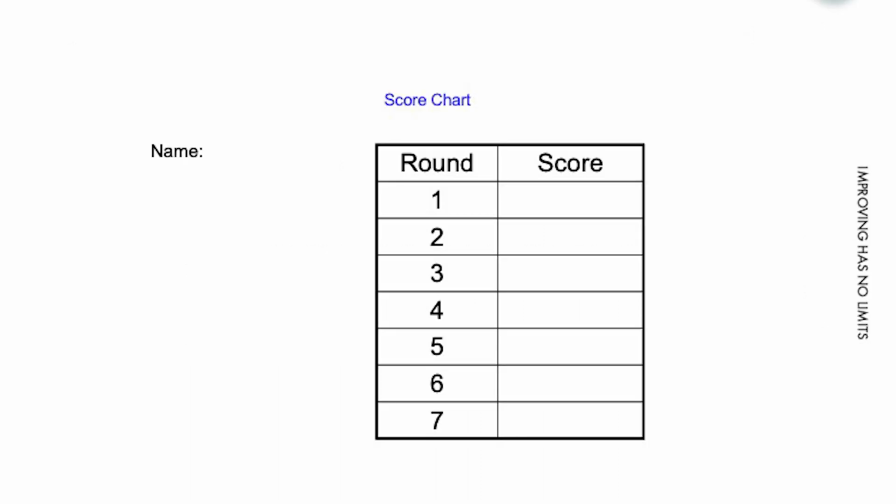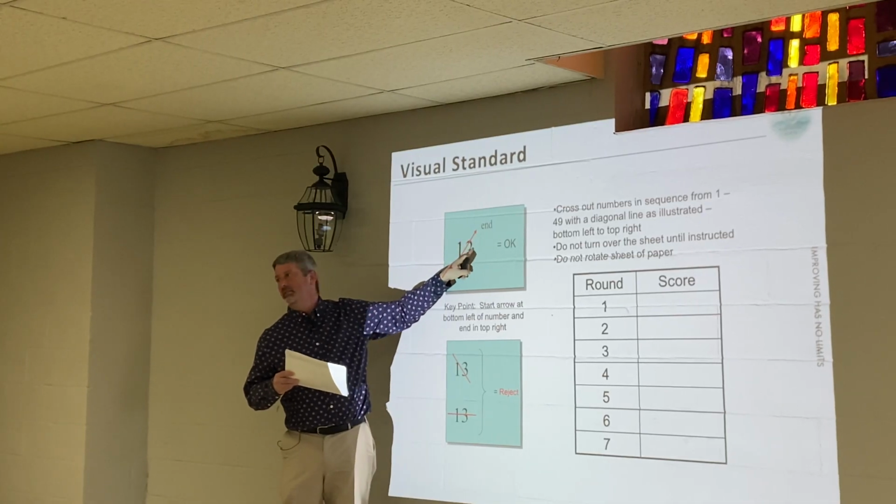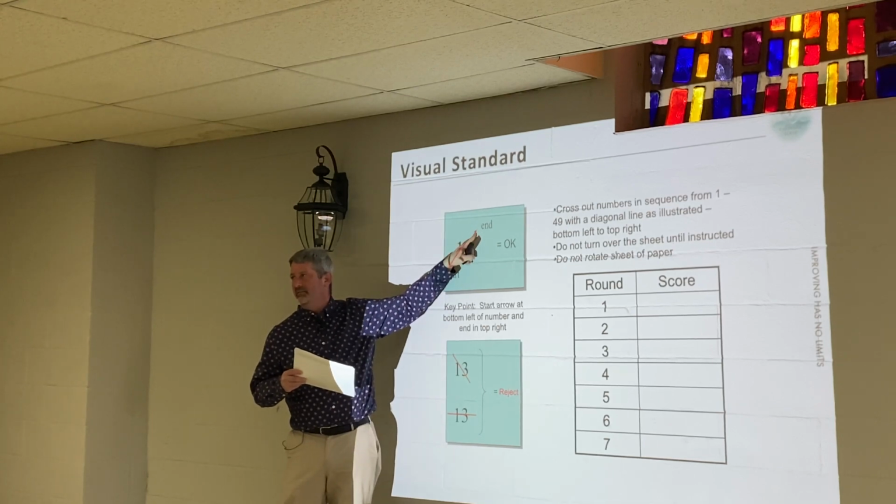When you turn over the sheets, which I don't want you doing yet, there'll be numbers, 1 through something. The whole goal is to cross out the numbers going in order, 1, 2, 3, 4. Good is when you start in the bottom left and end in the bottom right with an arrowhead.